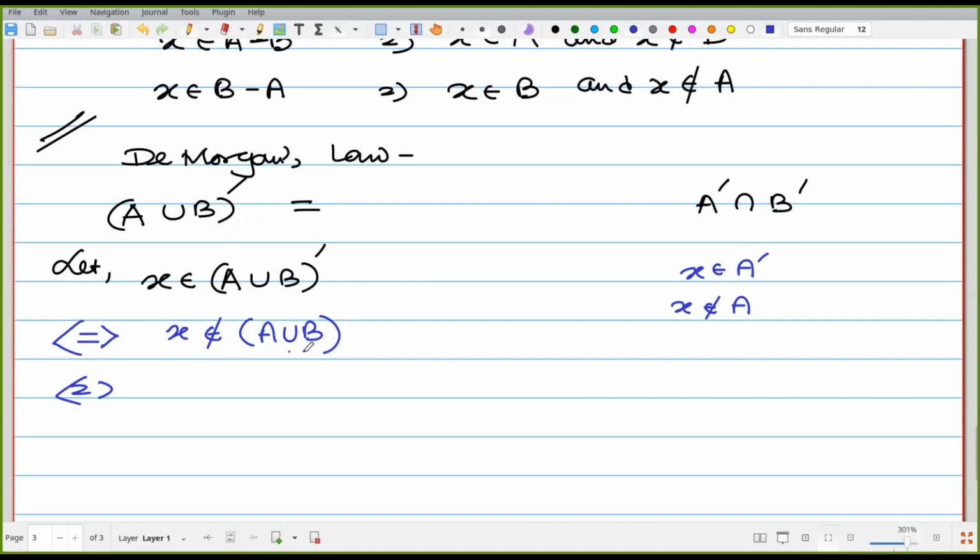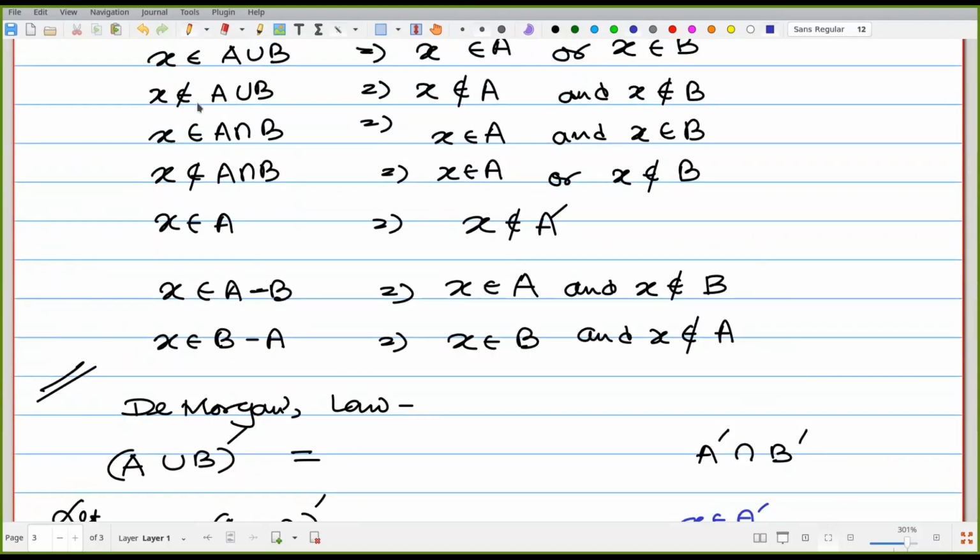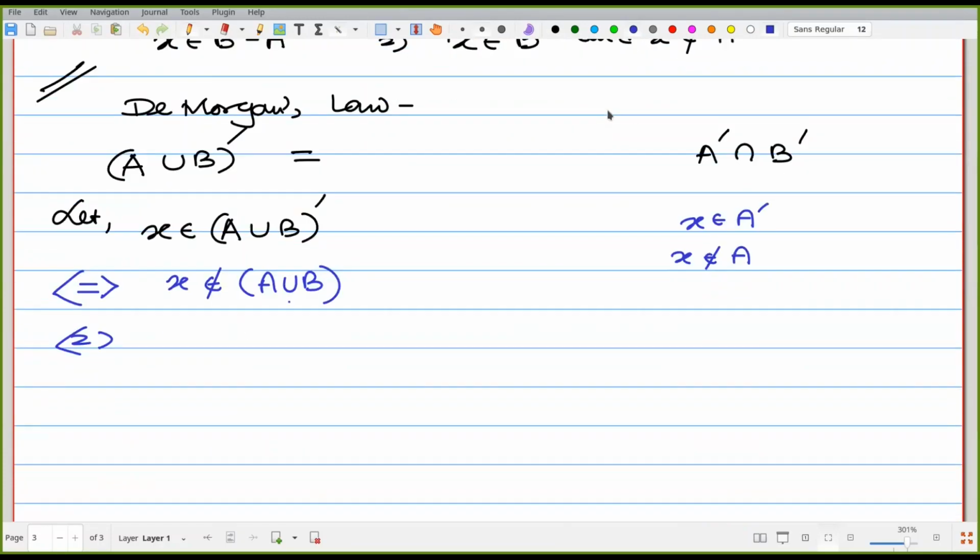So union must be AND. Once again you may check, X not belongs to A union B, so that must be AND with the not belongs to. So we are writing X not belongs to A and X not belongs to B.